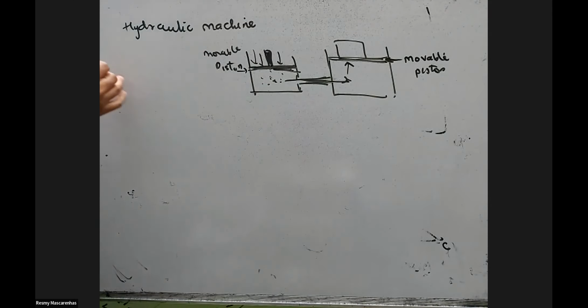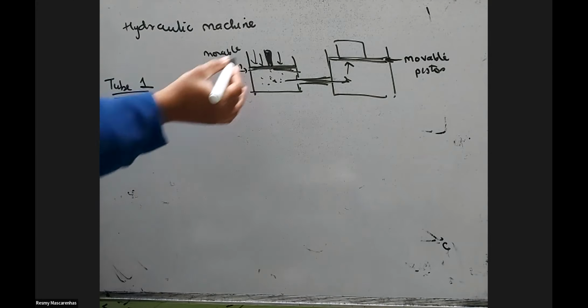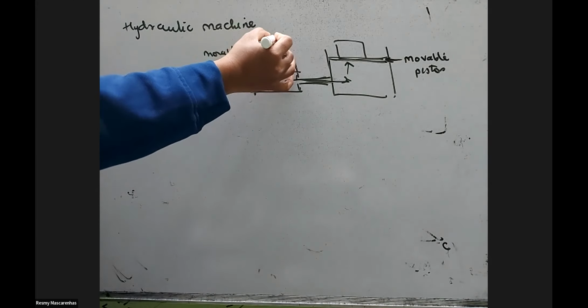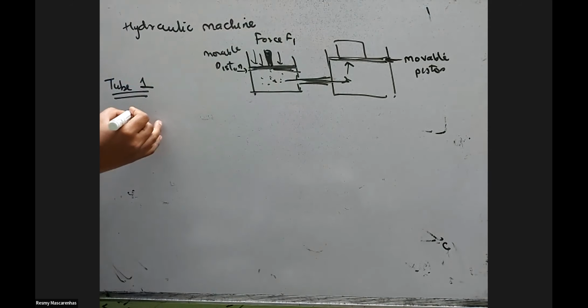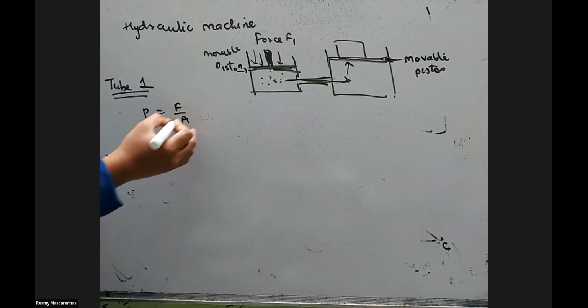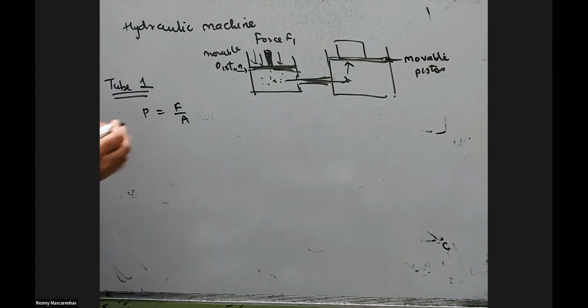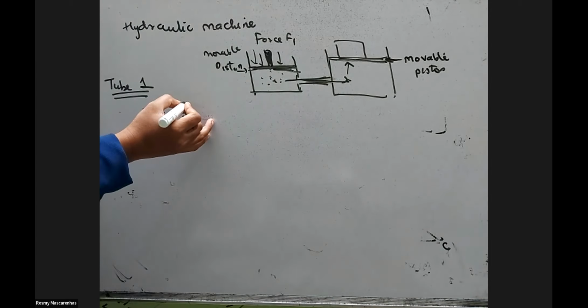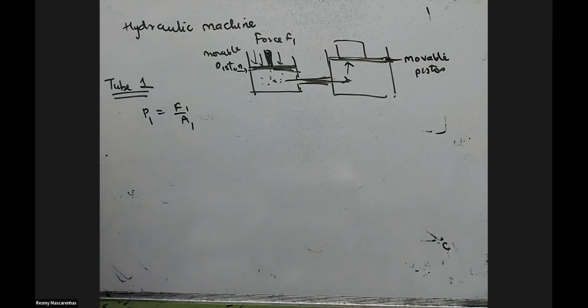So for tube 1, how much will be the pressure if I am applying force F1 here? So what is the pressure formula? Force upon area. So which letters will we use for tube 1? Force F1, and this is the area A1.